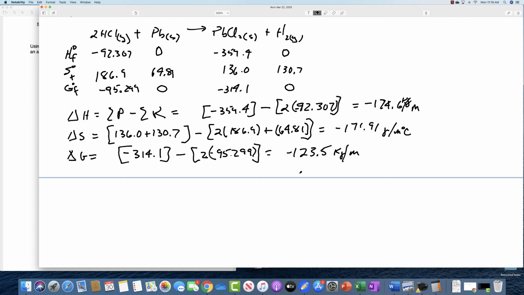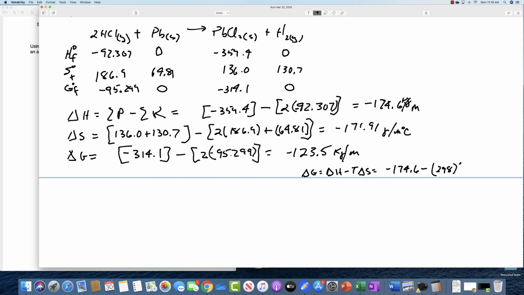Well, the alternate method is to say that delta G is equal to delta H minus T delta S, so we'll leave delta G blank and see what we get. So that's going to equal delta H, which is minus 174.6 minus 298 for the temperature.